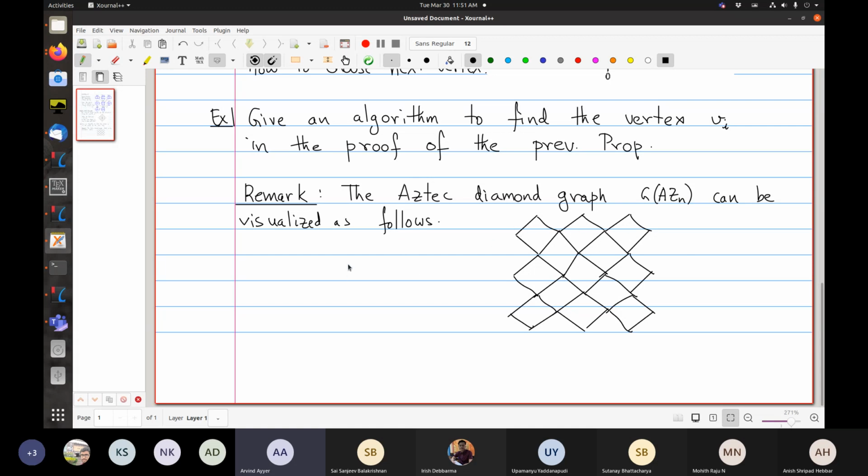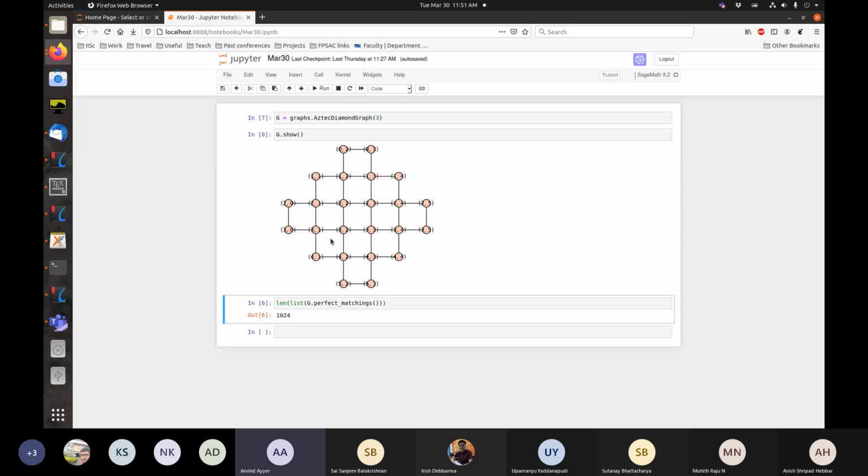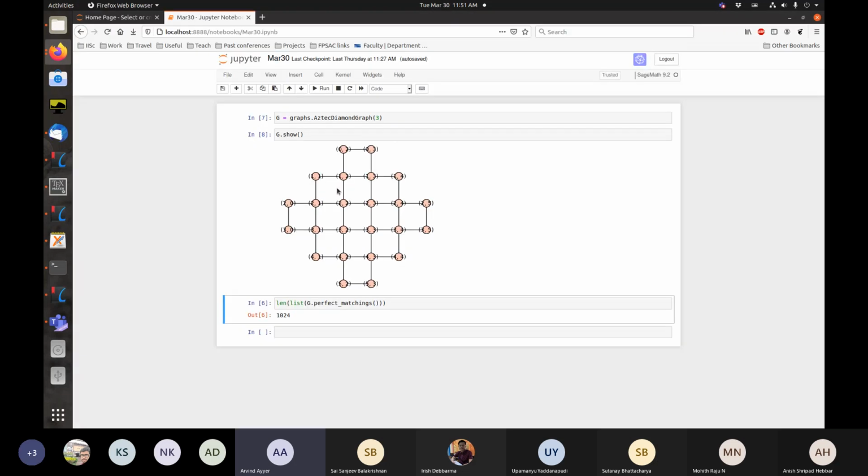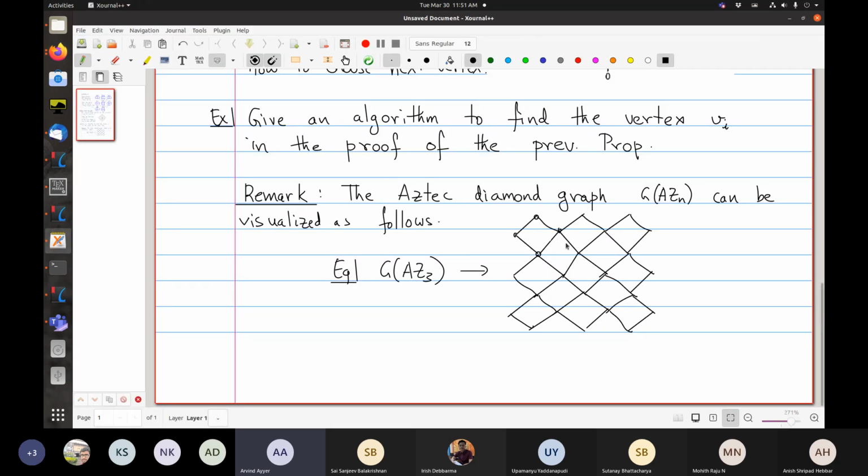So this is an example for G of AZ. Each of these is a vertex and so on. And then you just tilt it. If you tilt it 45 degrees, you will get this figure. You see? It might be funky to visualize this in general, but if you draw it in terms of these 1 by 1 diamonds, then it's easy to see.